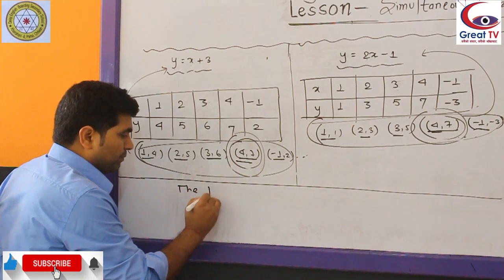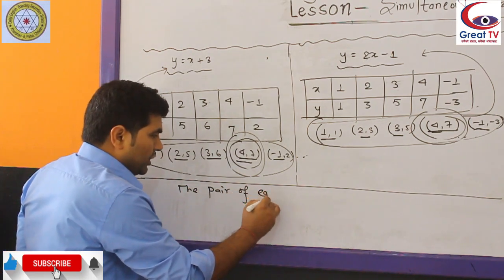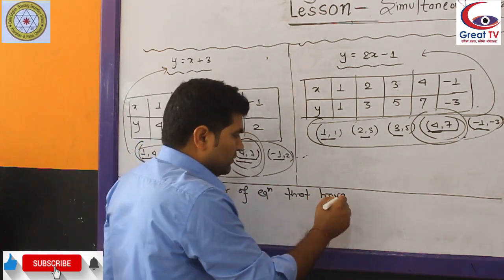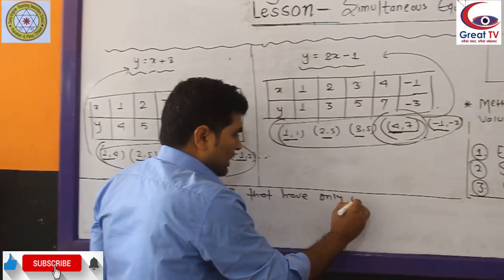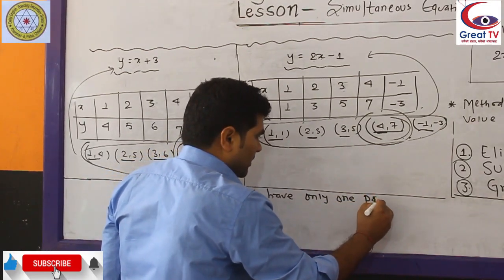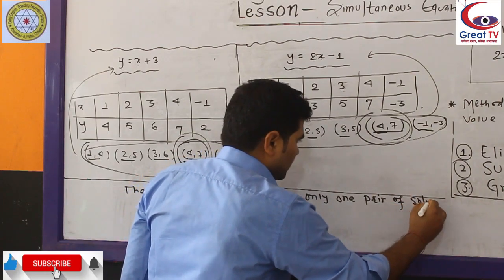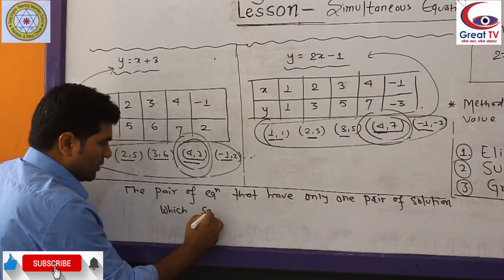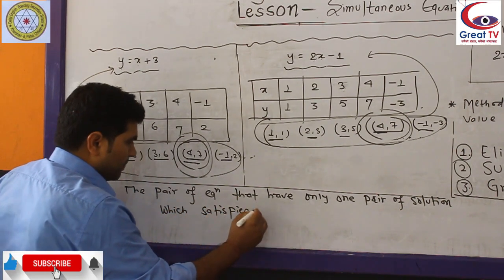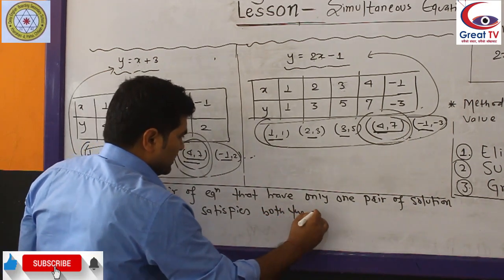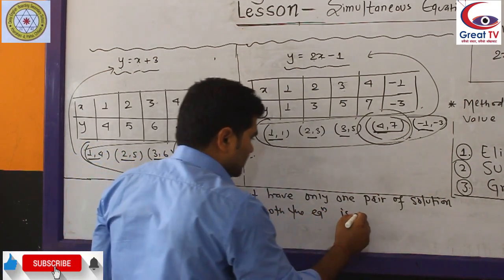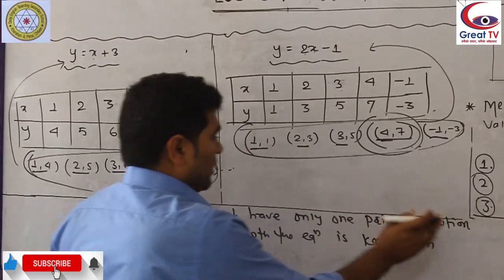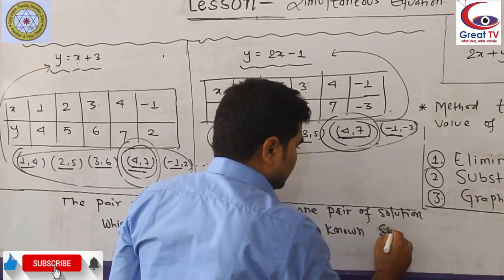The pair of equations that have only one pair of solution which satisfies both the equations is a simultaneous equation.